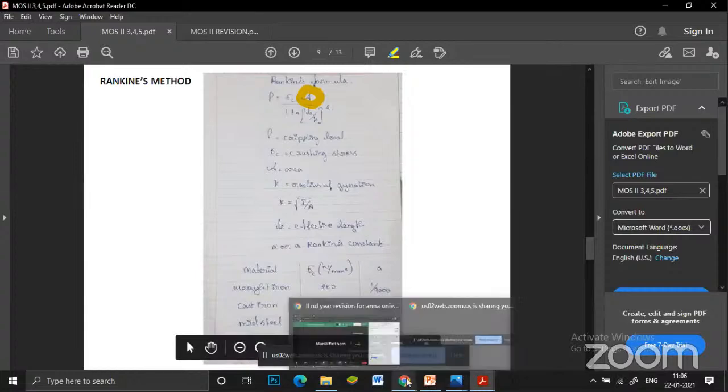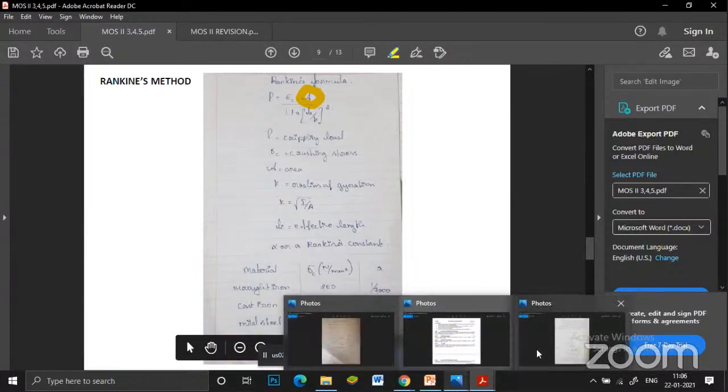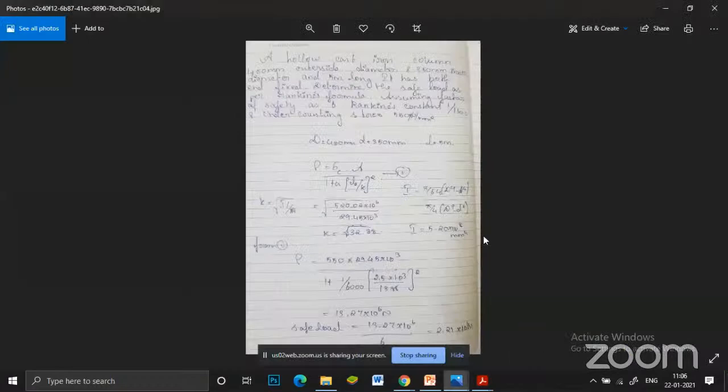In some cases, they will give the values for crushing stress and the Rankine's constant in the question itself. They will ask you to find the area in case of a hollow cast iron. You must know the moment of inertia for a hollow section, for a circular section, for a rectangular section, and for a square section.